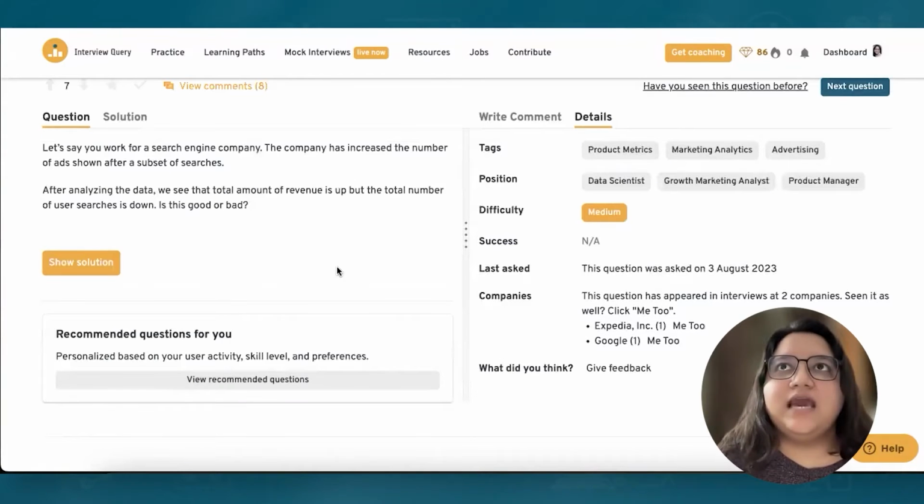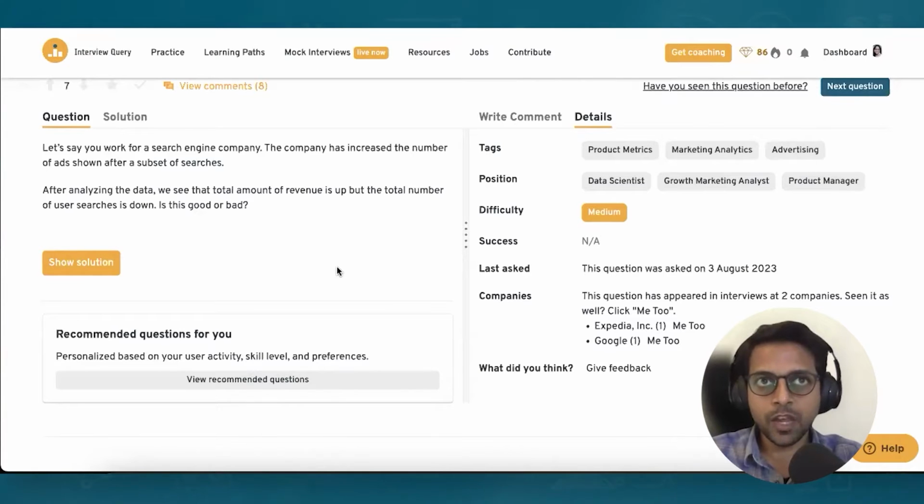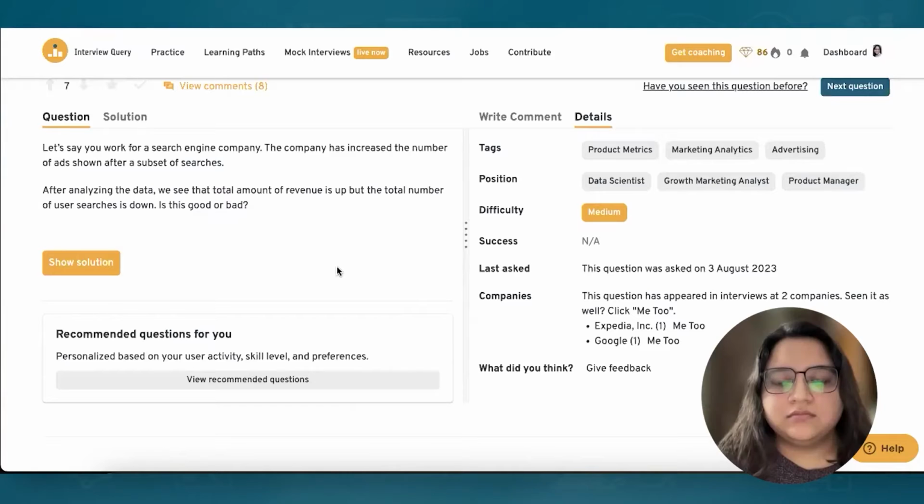And how are we analyzing the number of user searches? For the number of user searches, we have the users that were sampled for this experiment, and we look at their sessions. Based on those sessions, we see how many searches they did.